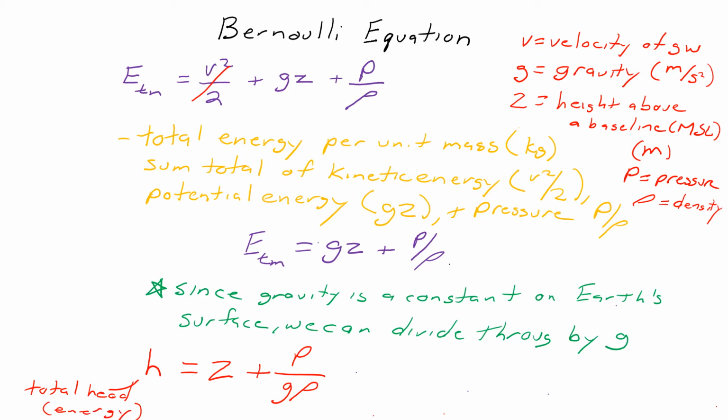You can think of it as energy. It's a measurement of energy. And it consists of two different parts. This first part, z, is what we call the elevation head. We measure that in meters.